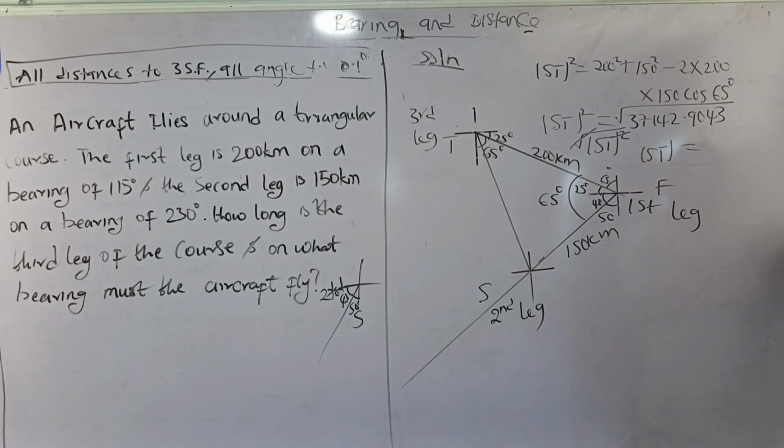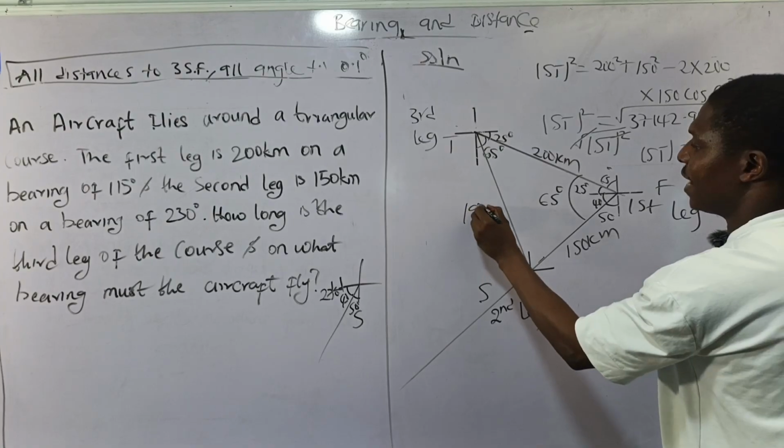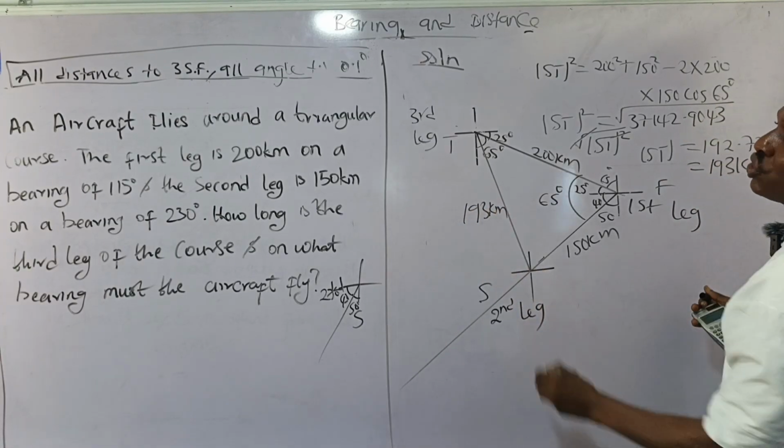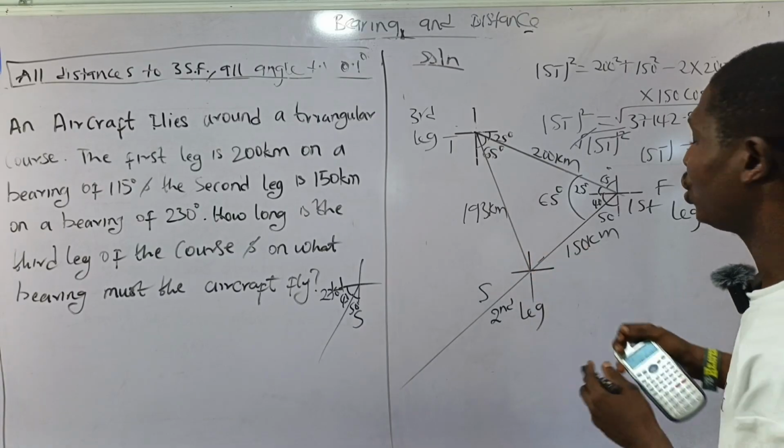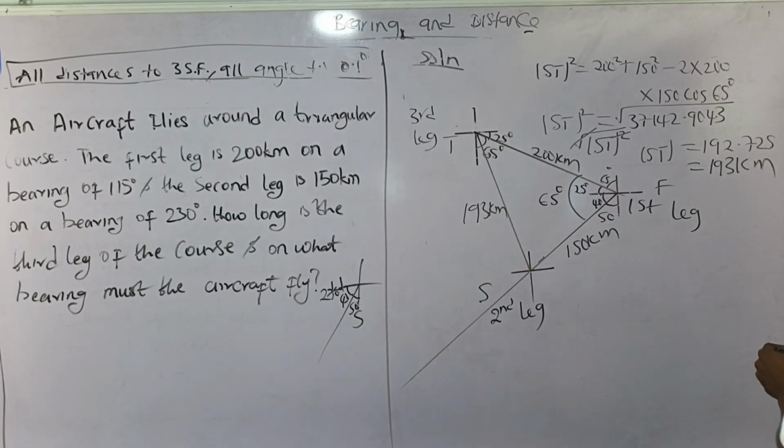And the square root of that will give me 192.725. So to three significant figures it becomes 193 kilometers. So the distance the third leg will cover is 193 kilometers. So we've gotten our first.